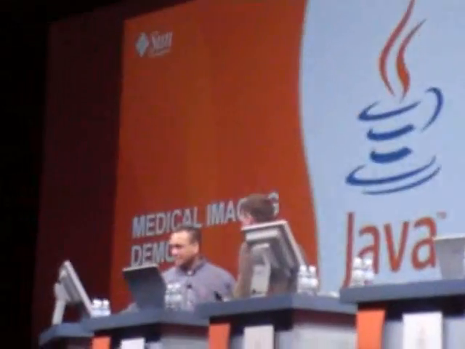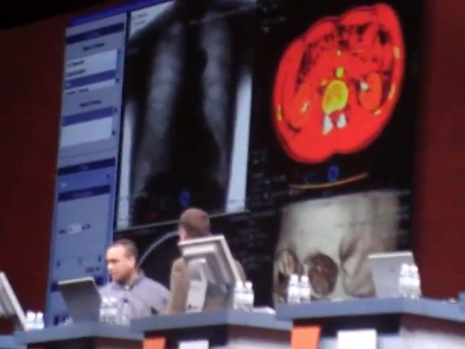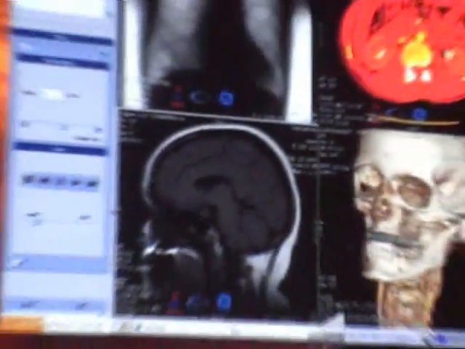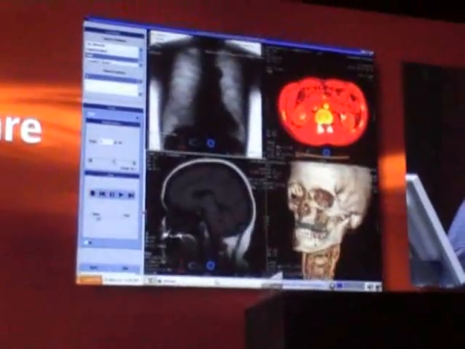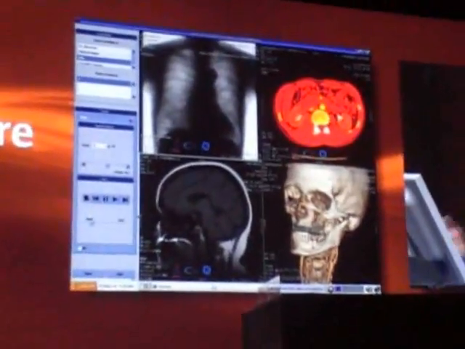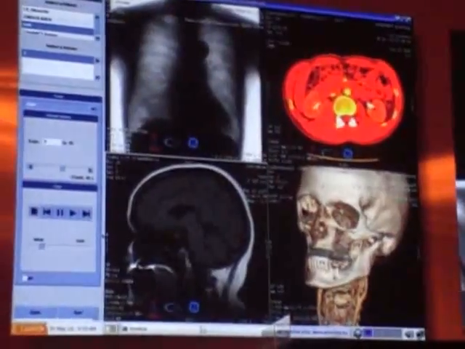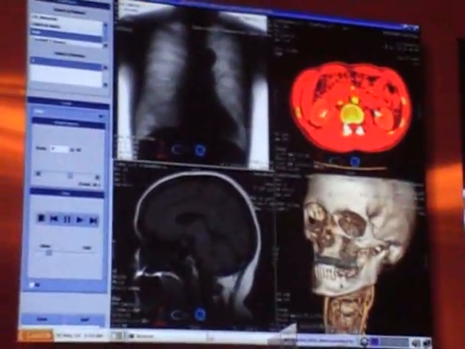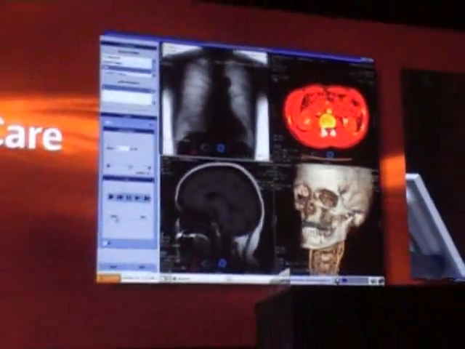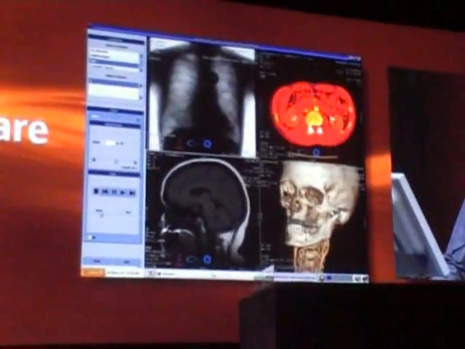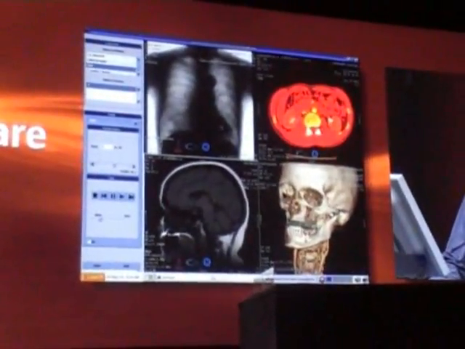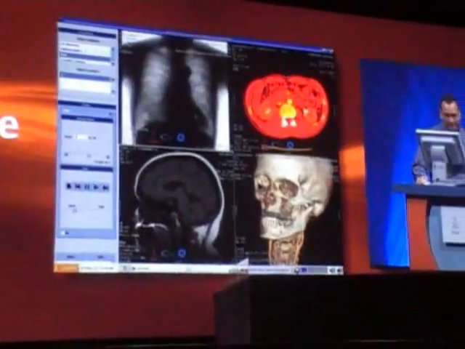Yeah, this is a demonstration of GE Healthcare's medical imaging technology, all Java-based, used by our application developers to deliver advanced clinical apps to hospitals all over the world. In this demonstration specifically, I'm showing several different types of data sets, which represent a menu of what doctors and clinicians would be looking at in a hospital.